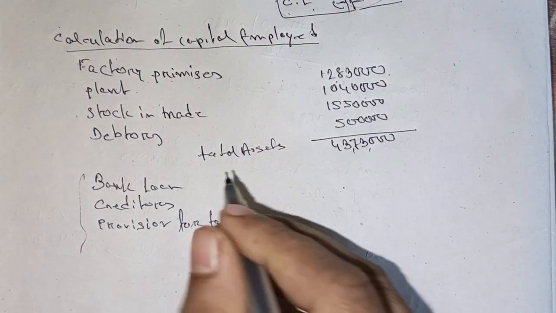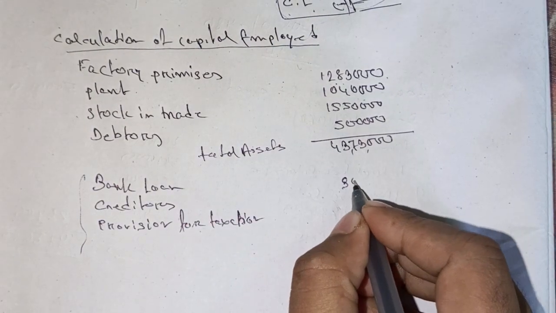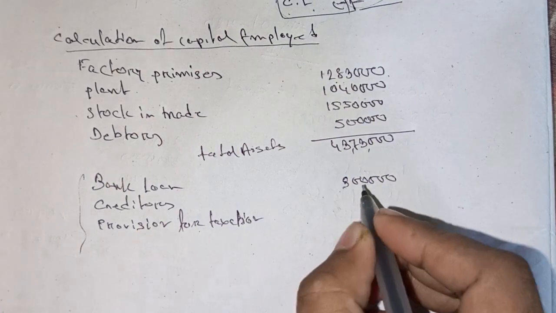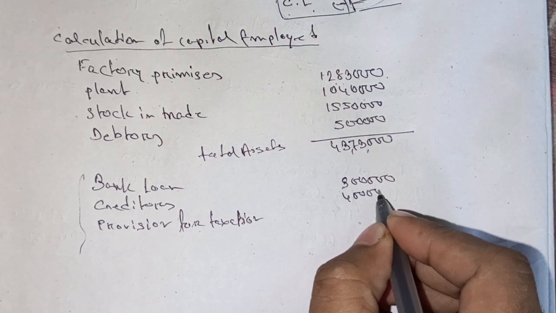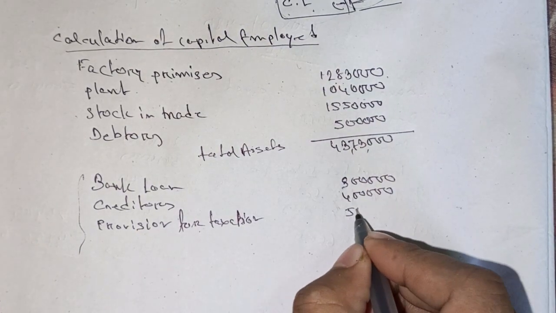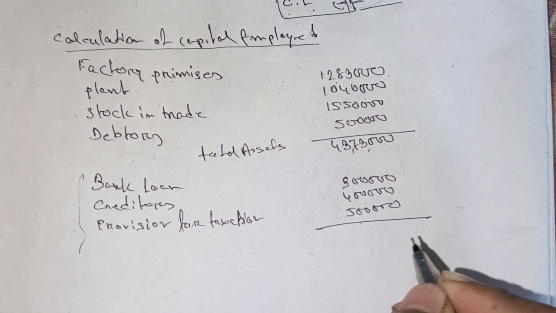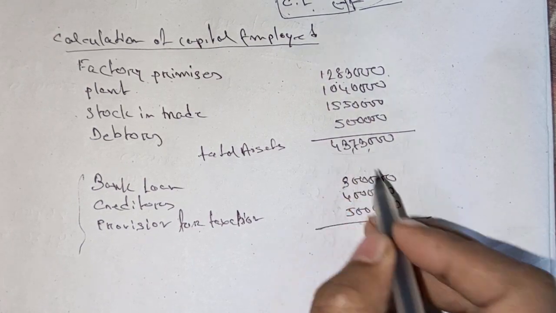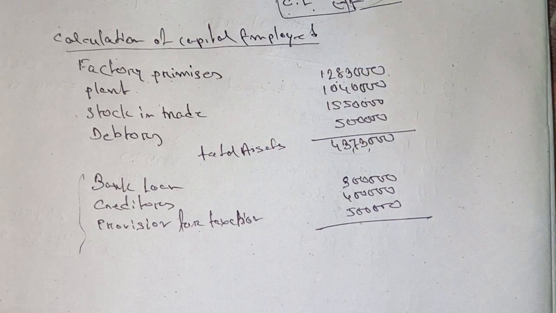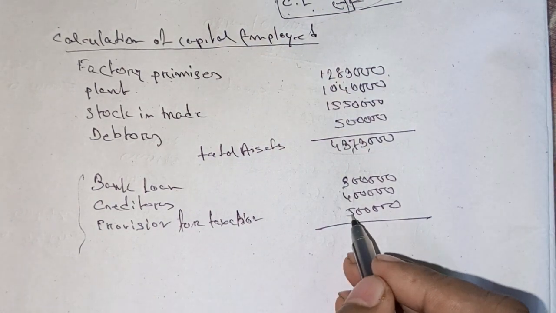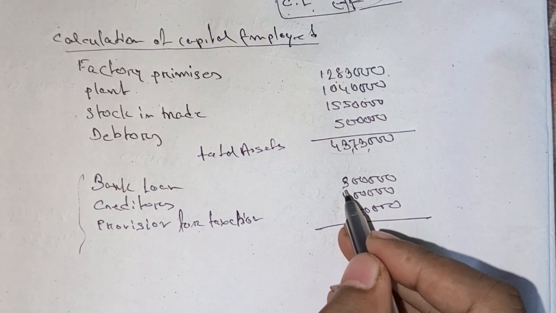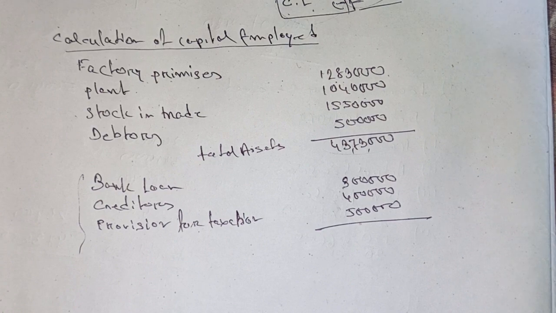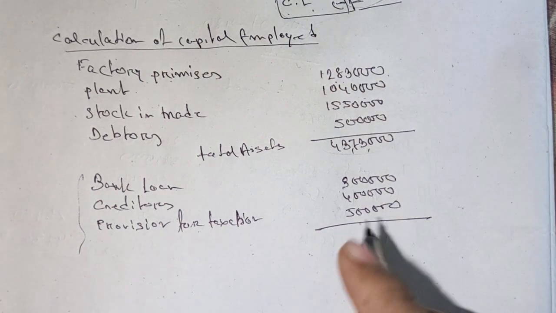Remember, bank loan 3 lakhs, creditors 4 lakhs, and provision for taxation is 5 lakh. Now deduct from this amount. It will be total 5 fours are 9, 9 and 3, 12.